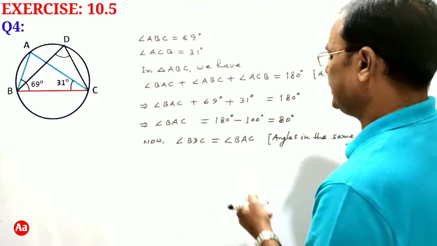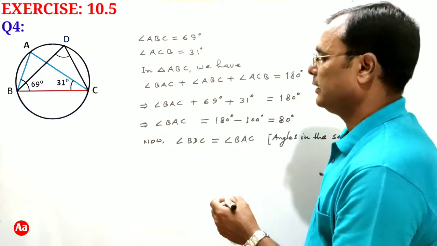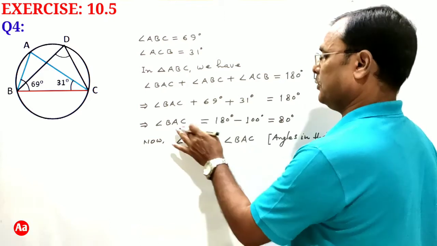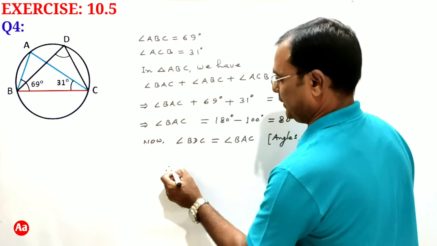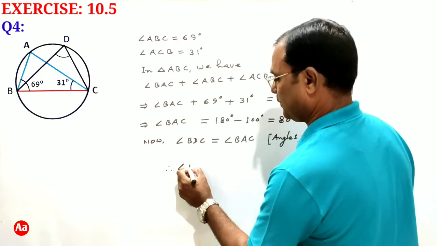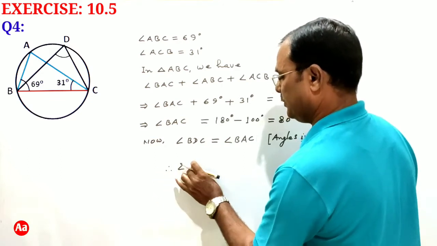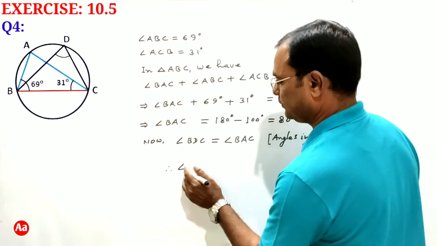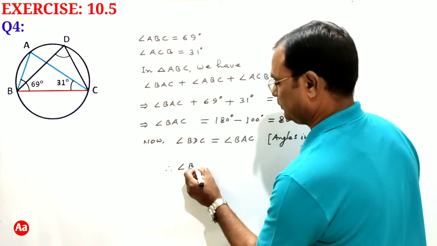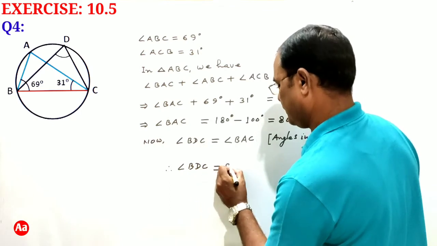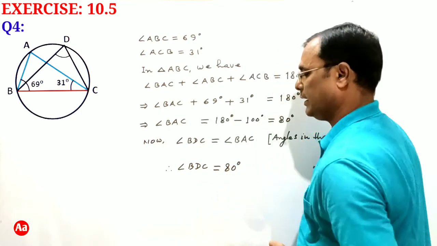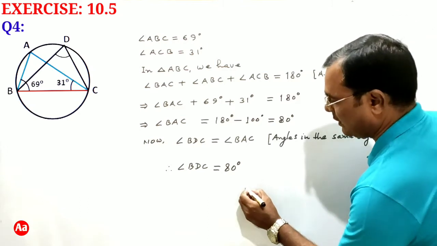So angle BDC and angle BAC are equal. BAC we have already found 80 degrees, which is equal to angle BDC. Therefore angle BDC is equal to 80 degrees, and this is the answer.